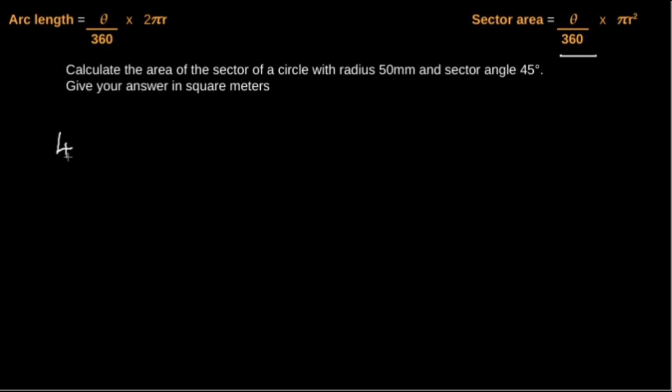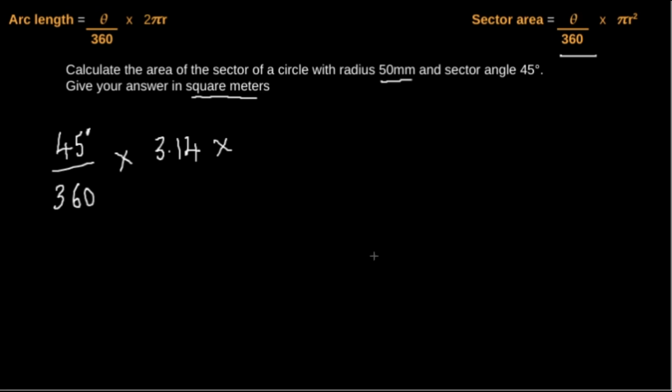Theta here is 45 degrees over 360 times pi 3.14 times the radius. Now the radius here is given as 50 millimeters, but our answer should be in square meters. So it's better you convert your radius from millimeters to meters before you begin your workings, so that your final answer will be in square meters.